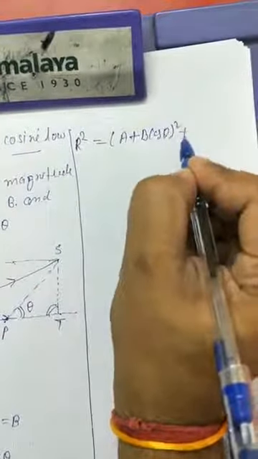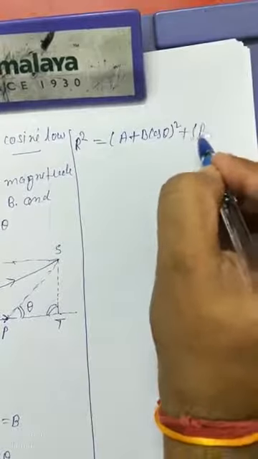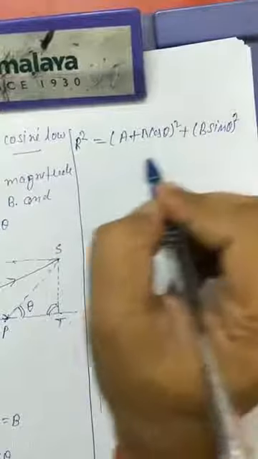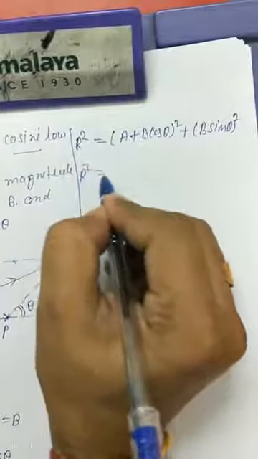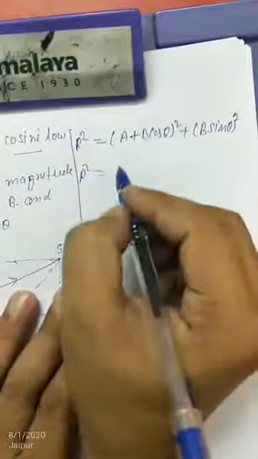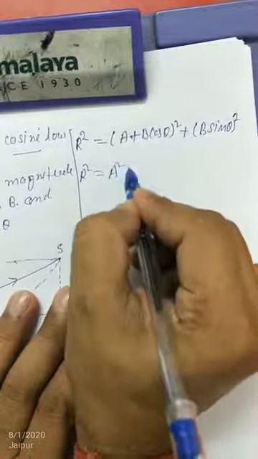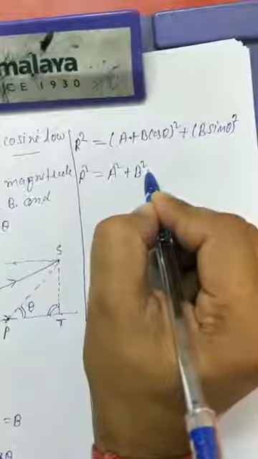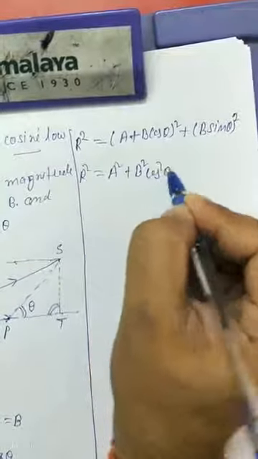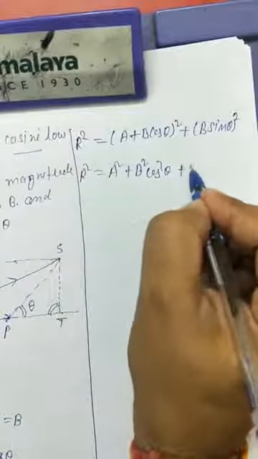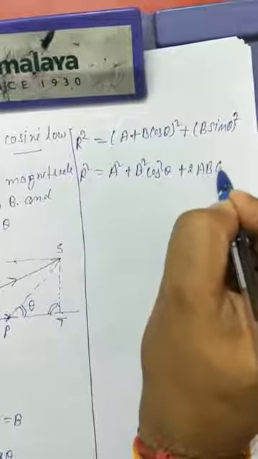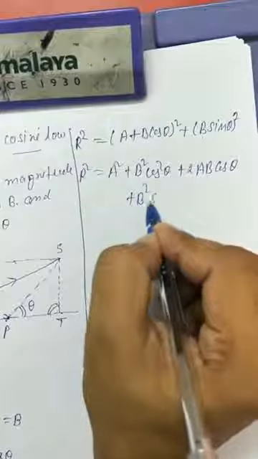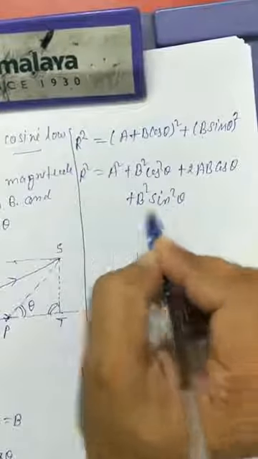Then whole square, plus ST, which is equal to B sin theta, square. R square is equal to, opening this bracket, A square plus B square cos square theta plus 2AB cos theta, plus B square sin square theta.